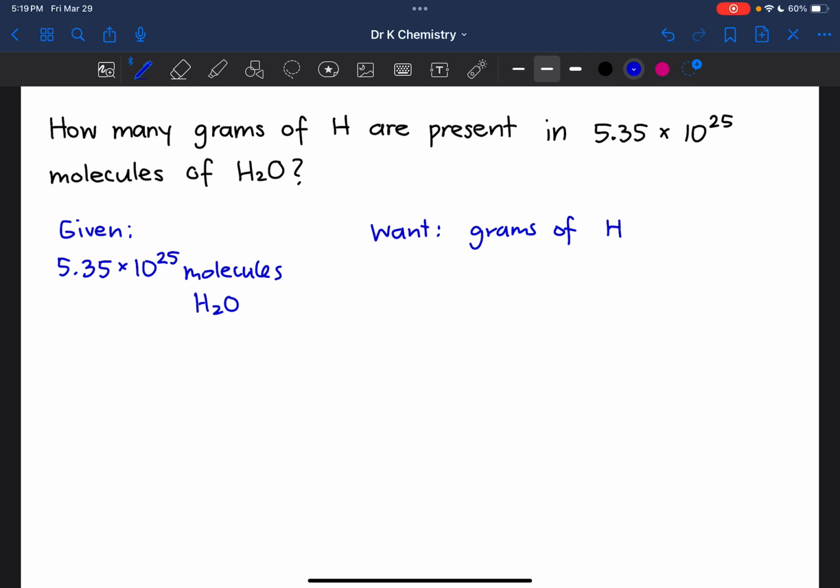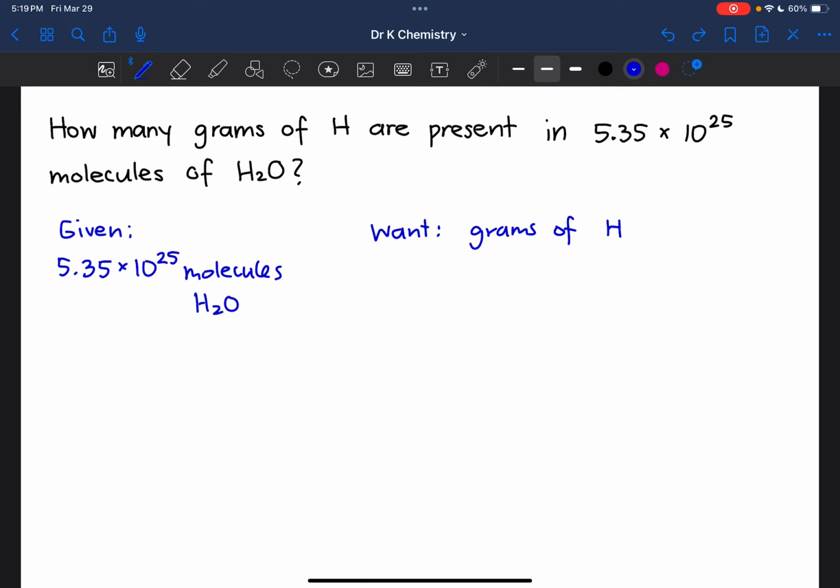So it looks like I, of course, don't have a direct relationship between the molecules of water and grams of hydrogen, which means we need to find some sort of unifying concept that is going to take us from one to the other.